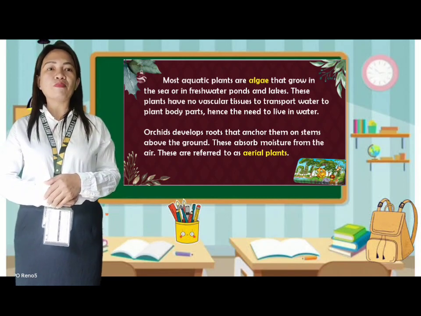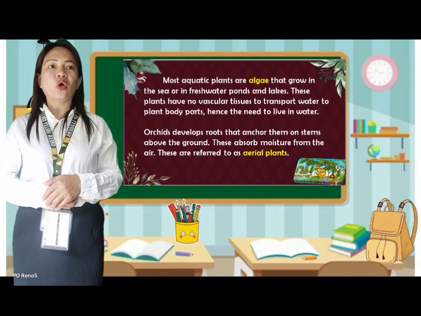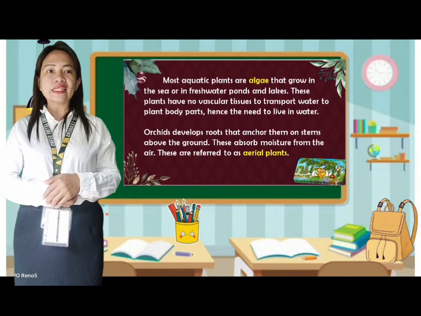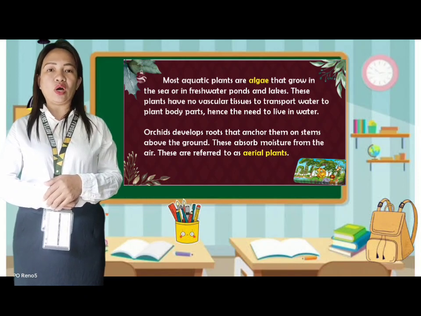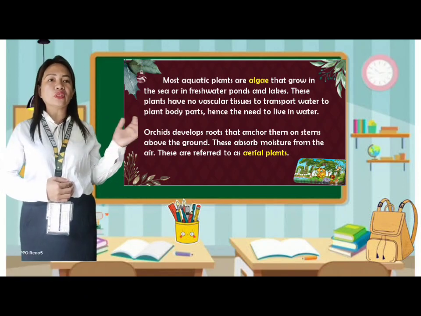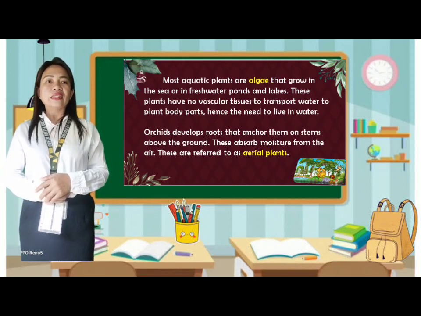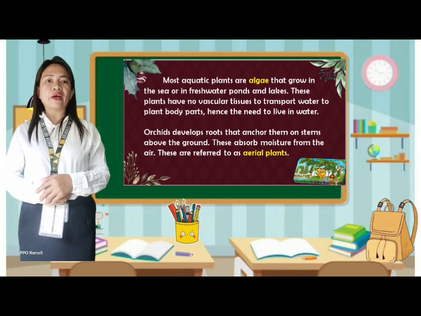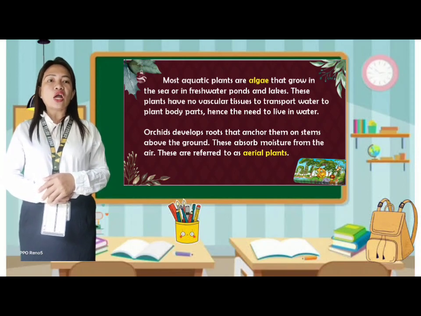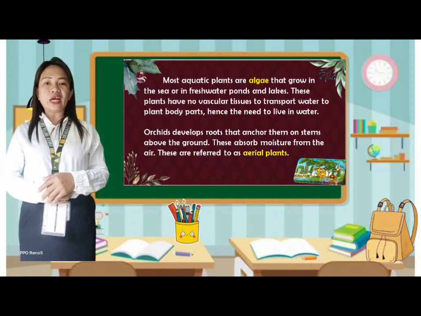These plants have no vascular tissue to transport water to plant body parts, hence they need to live in water. Some plants develop roots that anchor them on stems above the ground. These absorb moisture from the air. These are referred to as aerial plants.